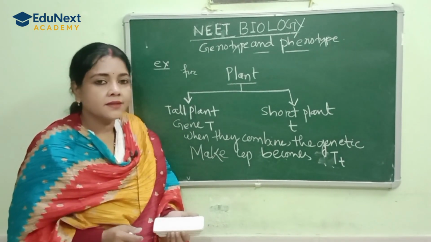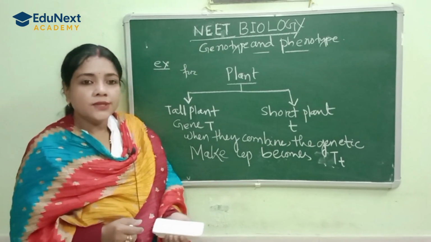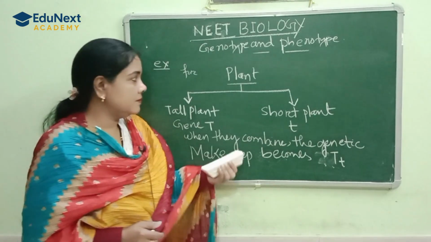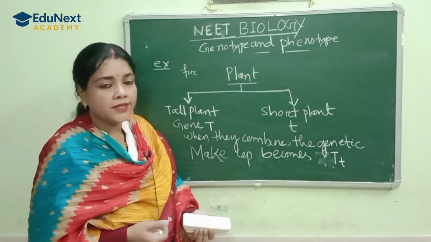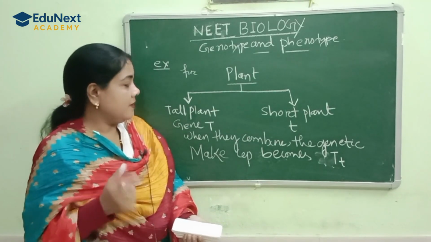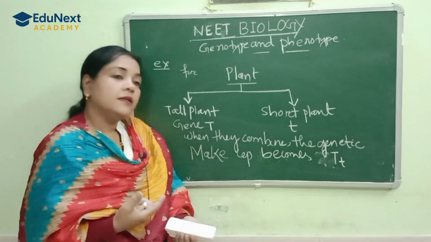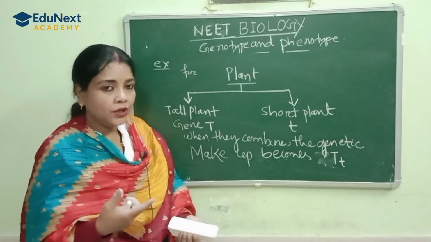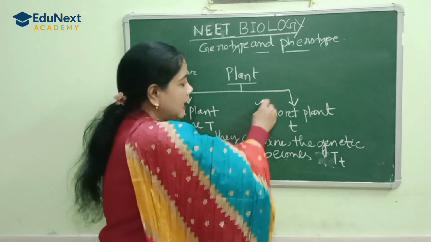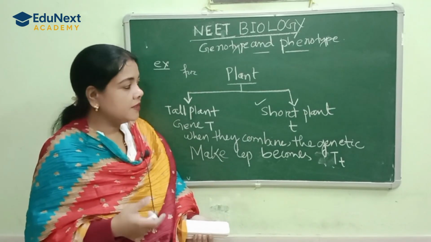Now let us discuss genotype a little more with an example. For example, a plant. If we cross parent plants, one plant has the tall gene, T, and another plant has the small t, a shorter plant.